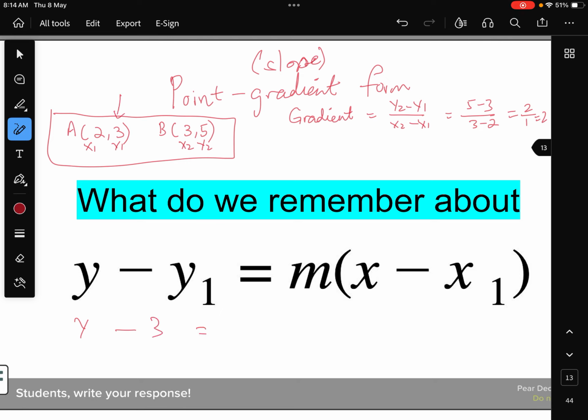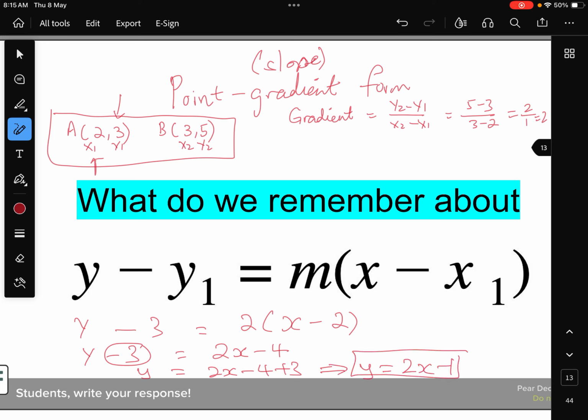Now we know the gradient was 2, and I'll keep x as x, and I'll just replace x1 with 2. Do you realize something? What I need to do is just simplify this equation. If I bring this 3 over by adding 3 to it, I'm going to get 2x minus 4 plus 3. So it will give you y equal to 2x minus 1.